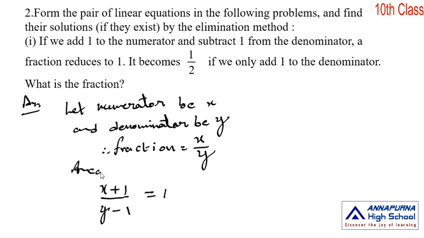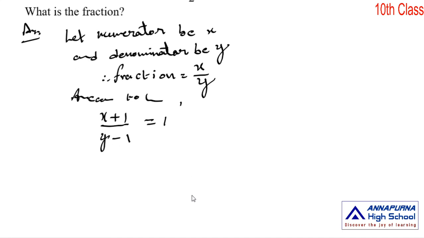So according to the question, the first condition is, if we add 1 to the numerator and subtract 1 from the denominator, the fraction reduces to 1. So if the numerator is x and the denominator is y, and if we add 1 to the numerator, it changes to x plus 1, and if you subtract 1 from the denominator, it changes to y minus 1, and the resulting fraction reduces to 1, so it is equal to 1. Okay, so this is the mathematical equation for the first condition.